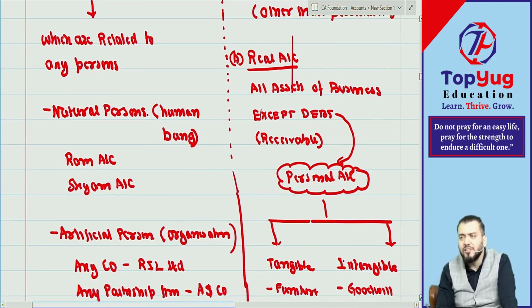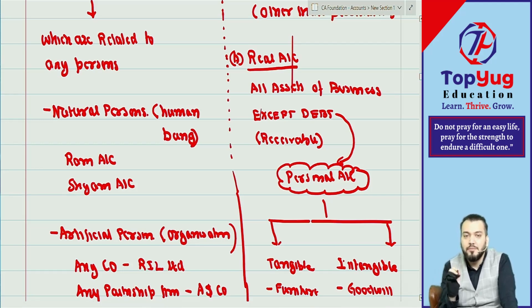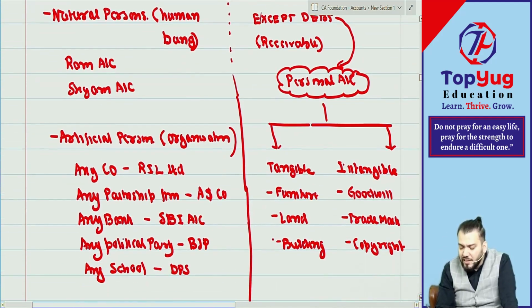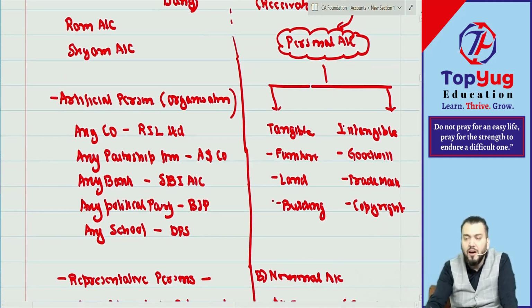I hope you have understood that when we open a customer account, the customer account represents all customers. Similarly, if I open a capital account, the capital account represents the owner of the company. So can you see, sometimes we require this representative personal account to simplify our accounting.